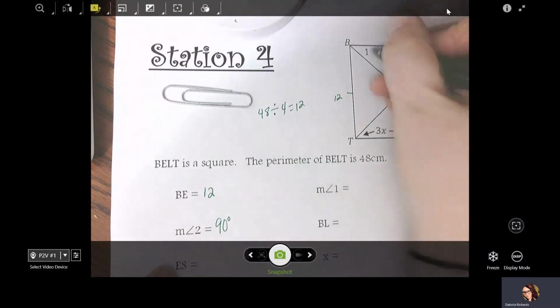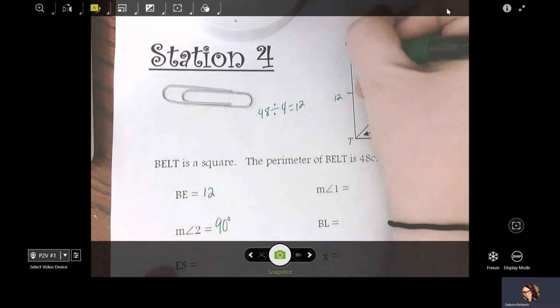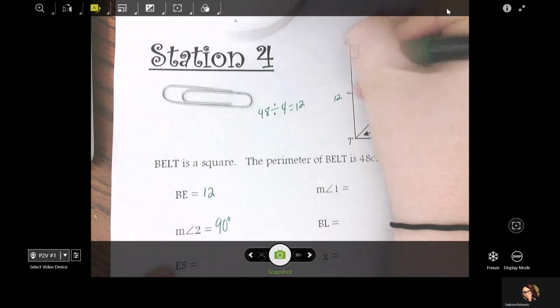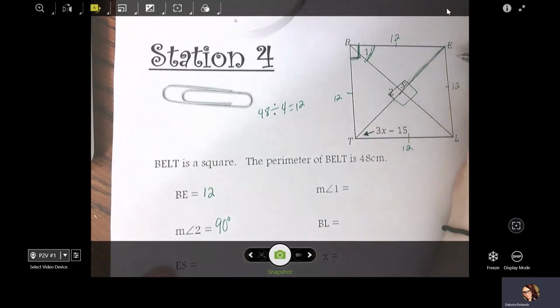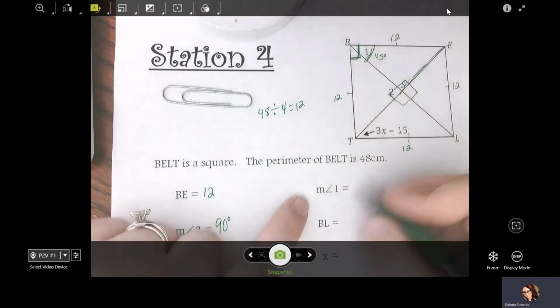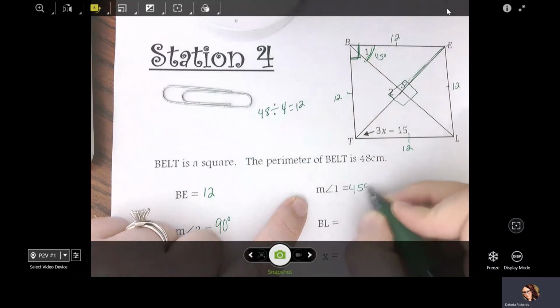The measure of angle 1 is just 45 degrees because one of the properties is all angles are 90 degrees. So exactly half of 90 is 45 degrees. So angle 1 is 45 degrees. Okay.